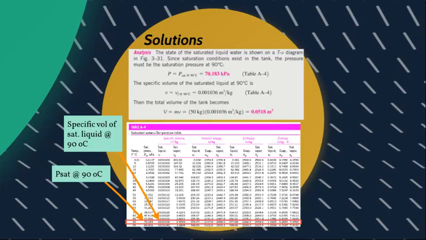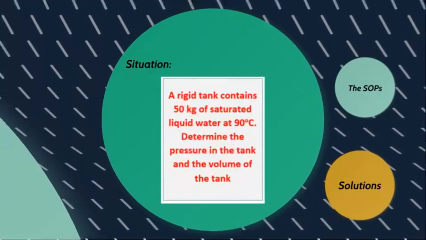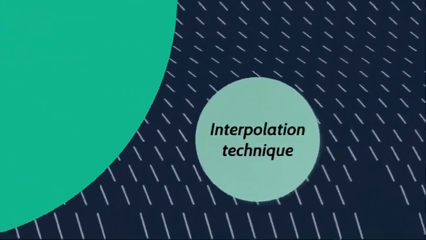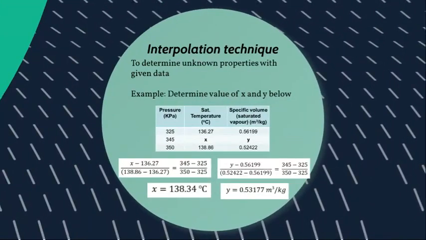Now, as we have mastered the SOP in finding the information from the steam table, it is also important for you to learn about the interpolation technique. The interpolation technique is needed in the case where you are looking for data that is not directly available inside the table.